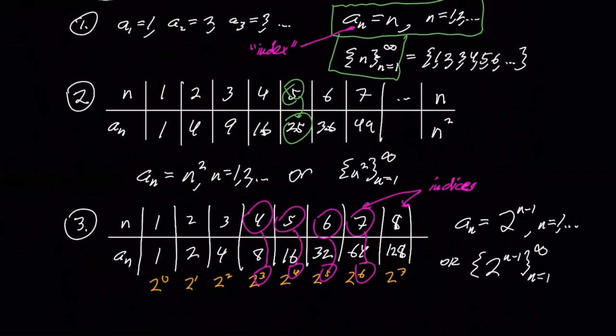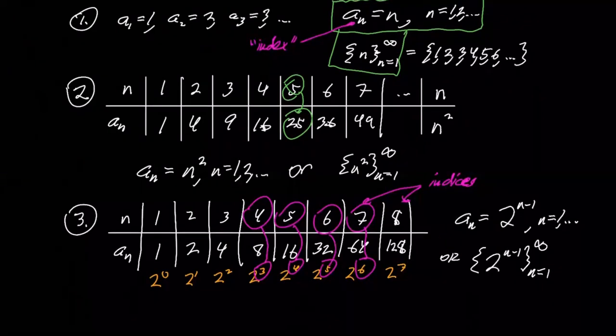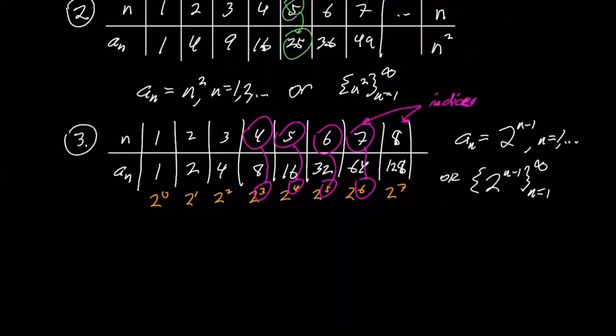But it's a little annoying because the exponent didn't match the index. We could make the exponent match the index if I have the same list, but I make my n's correspond differently. I'm just going to demarcate these boxes.